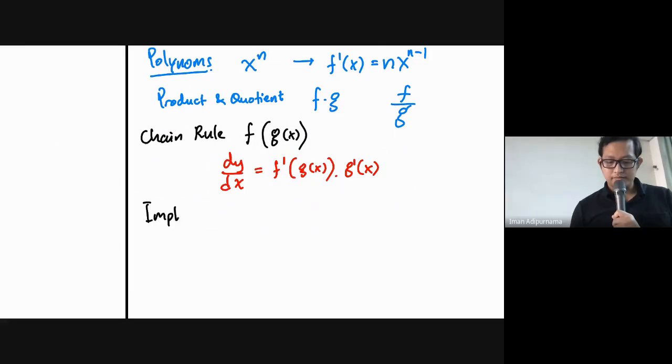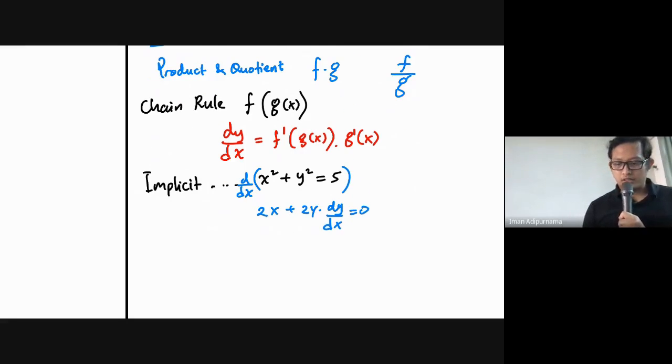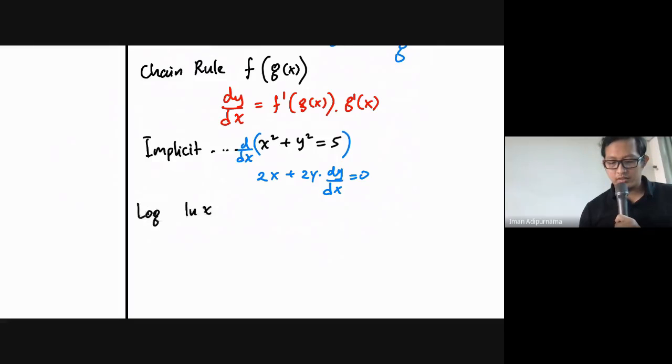And then implicit differentiation. A simple example: if you have x squared plus y squared equals 5, then if you derive implicitly, it will be 2y multiplied by dy/dx, equals 0, and you can solve this. That's the implicit. And also log, like ln x, where dy/dx will be 1 over x.